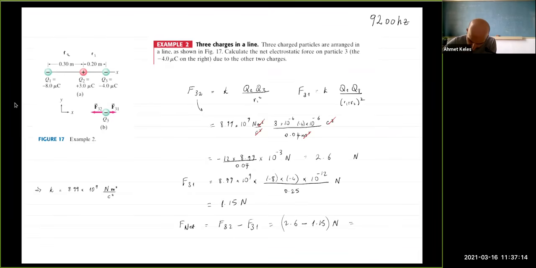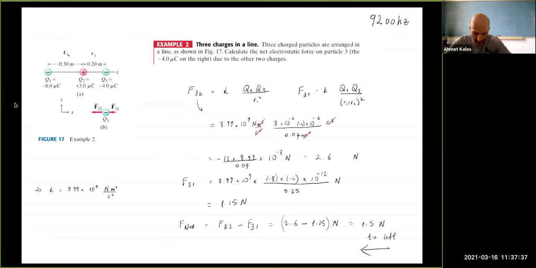Yeah, with the digits, 1.5 Newton. I found it to the left, right? It's in that direction. Yes, good. Great.